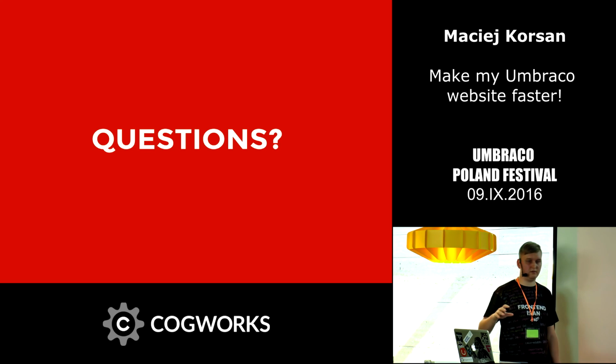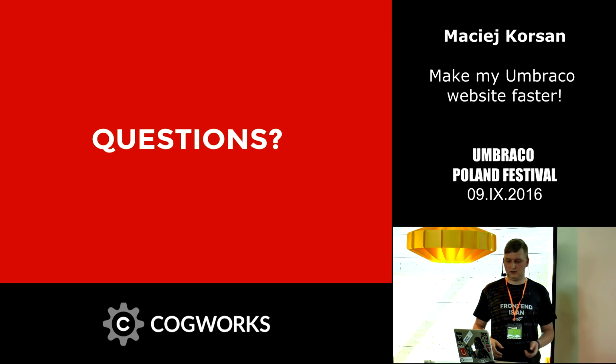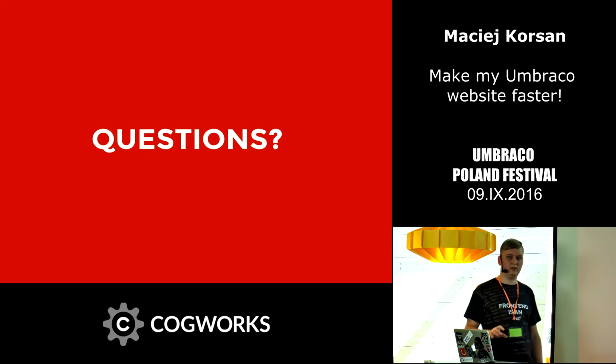It's a very good practice. So we can make some CSS and HTML dummy things that will tell the user, okay, just wait, we are loading it for you. There will be content. This is a good technique. Any more questions?